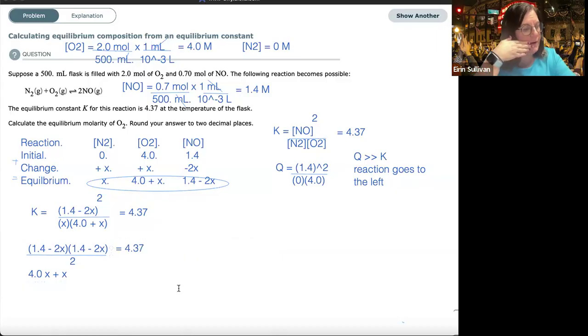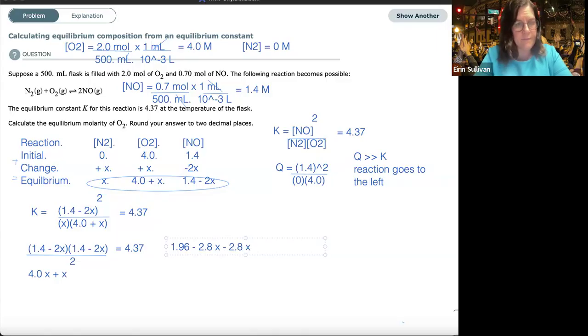Multiplying out those brackets on the top of the fraction: 1.4 times 1.4 gives me 1.96. Then 1.96 minus 1.4 times minus 2x, which is minus 2.8x, and then minus 2x times my 1.4 will be another minus 2.8x.